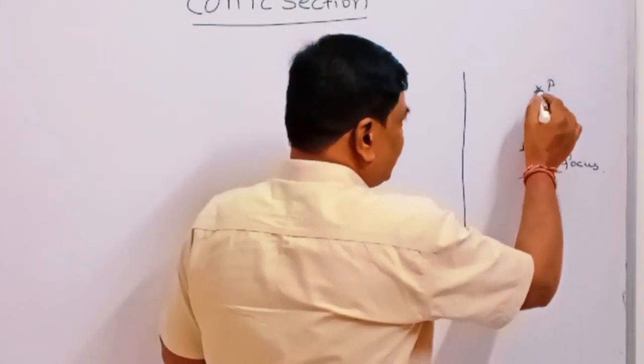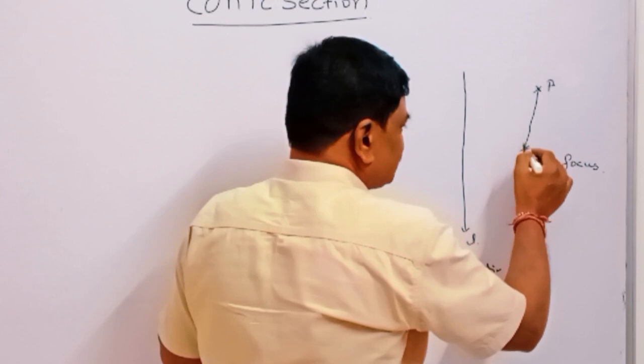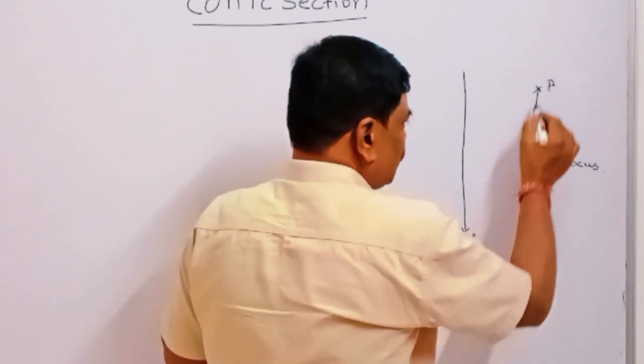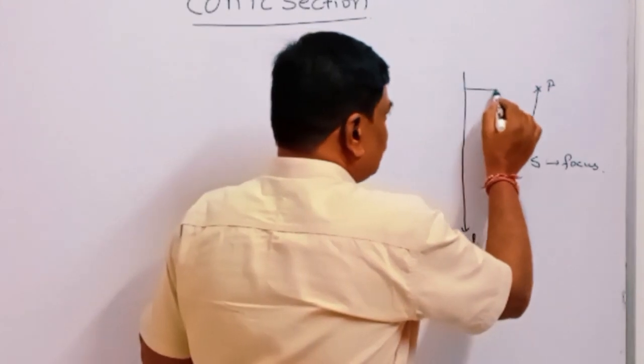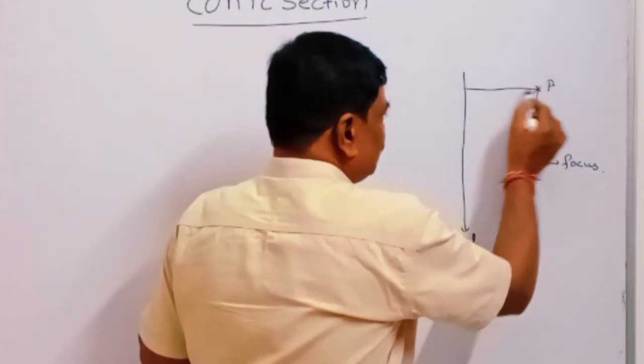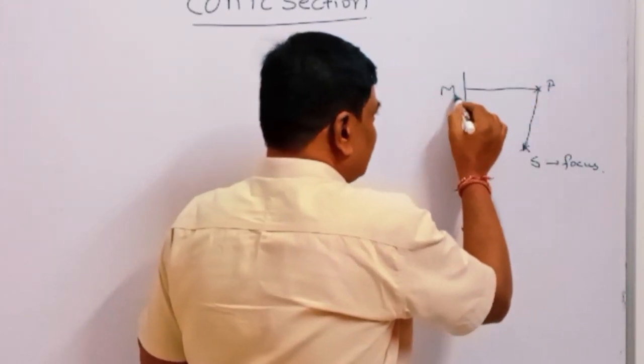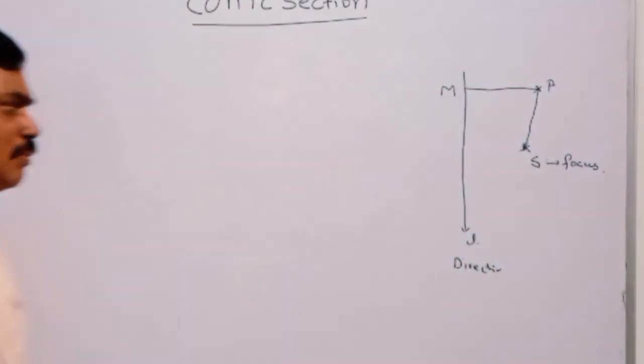So, how to find? The perpendicular distance from P to line L is PM.